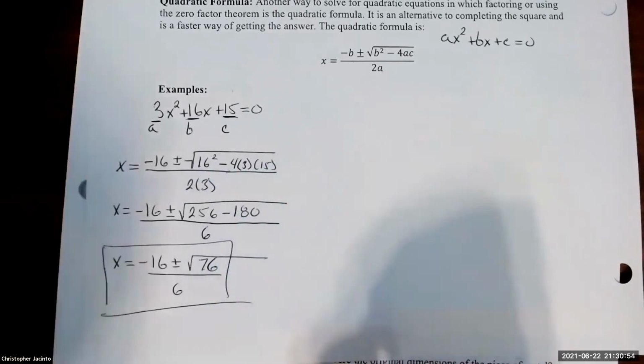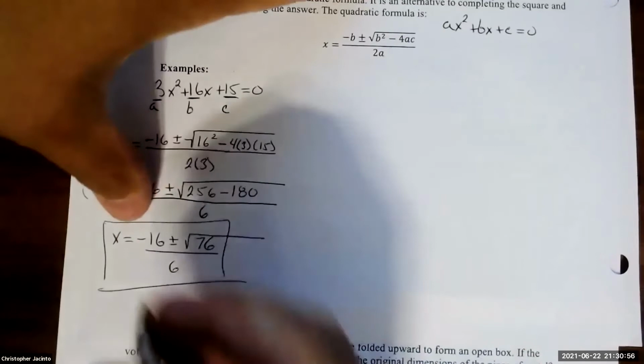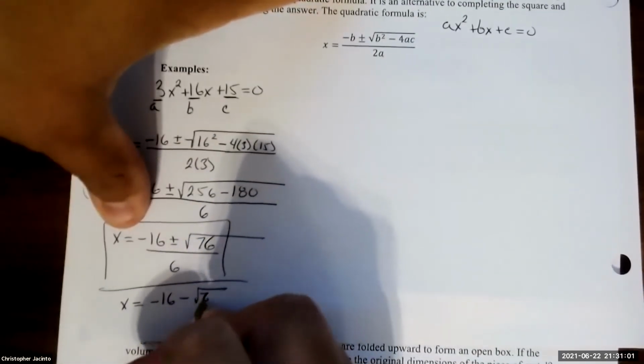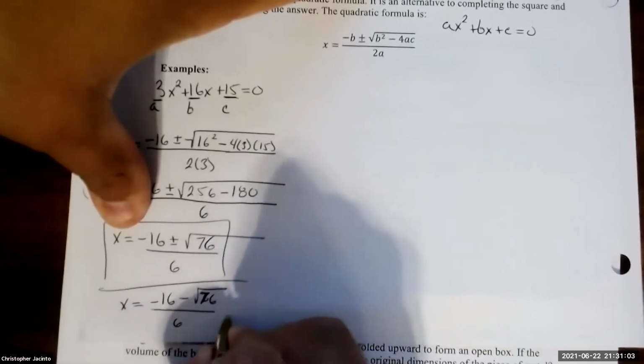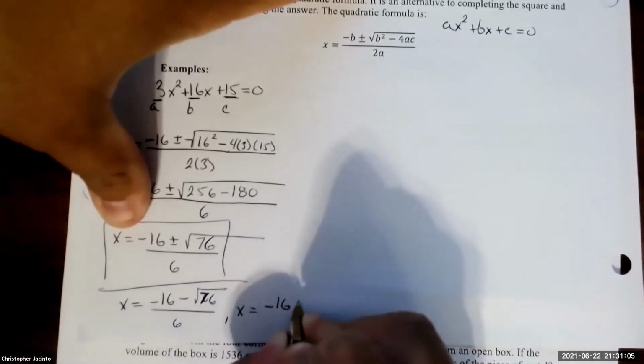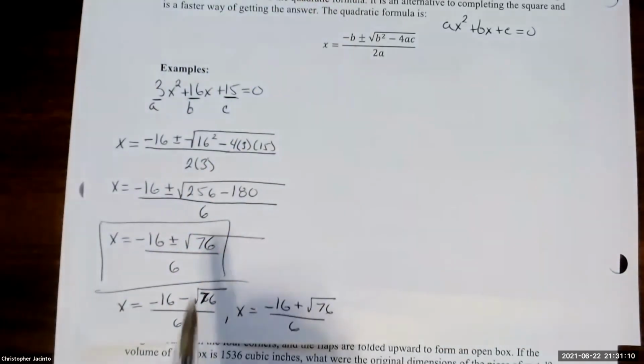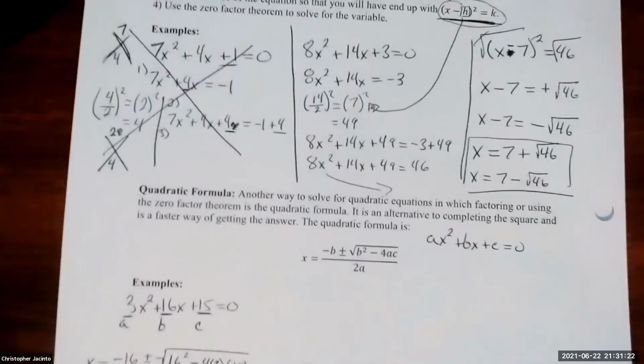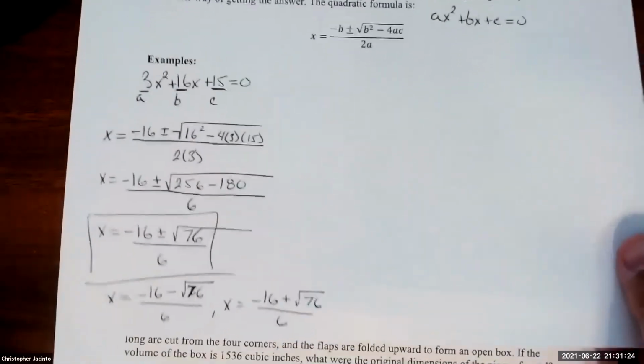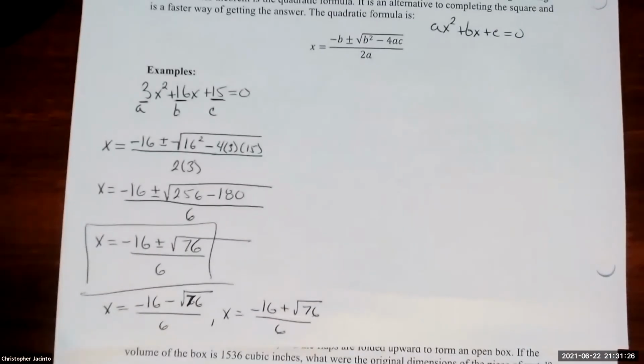Some people separate them, but you don't have to. You could do it like this. It's the same thing. This plus or minus means you get both answers in one. Or you could just separate them, whichever you choose. If you actually did the long way of completing the square, you would get the exact same answers, which is the fun thing.